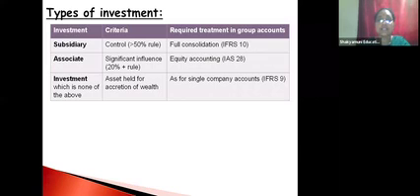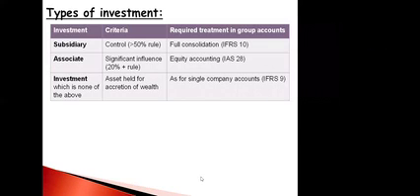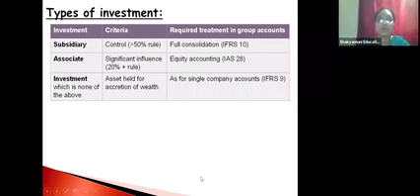Right? So let us summarize this. Then we can discuss if anybody has any doubts. Subsidiary. What is the criteria? The general criterion is the more than 50% rule. It can be with respect to voting rights, or voting rights through agreement. Though they own less than 50% voting rights, they can have control over more than a majority of the board of directors.